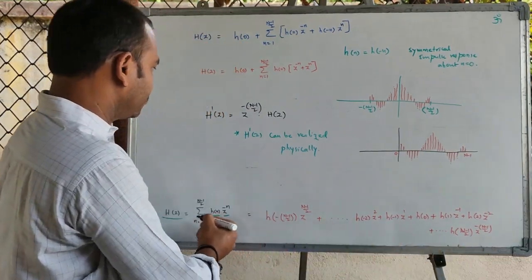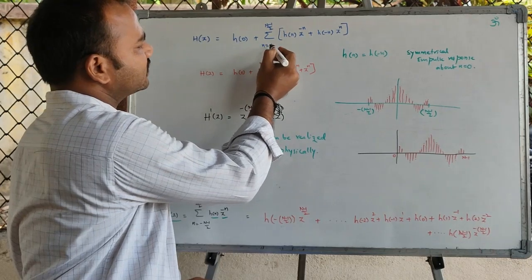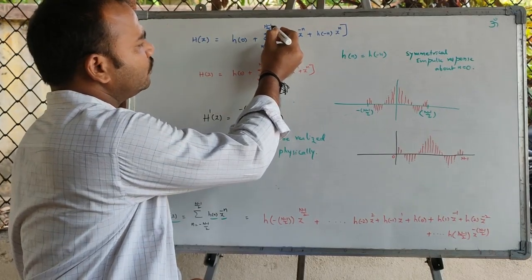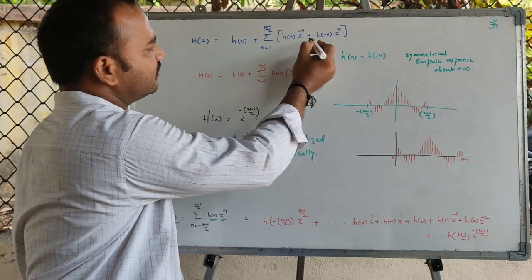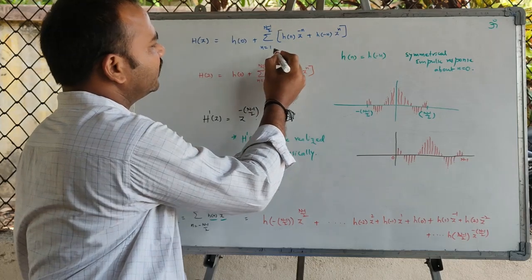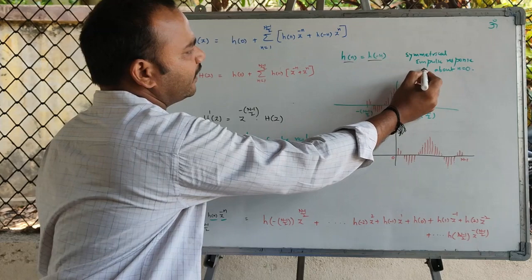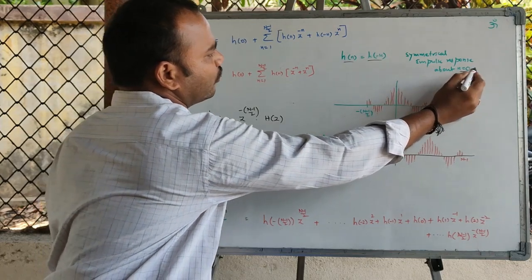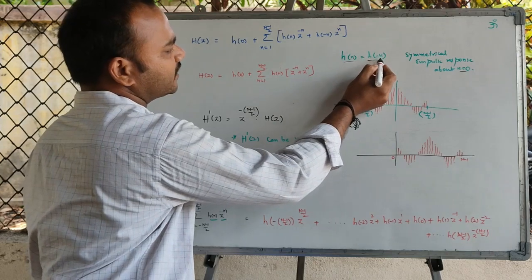H of z can be rewritten as h of 0 plus the summation from n equal to 1 to N minus 1 by 2 of h of n z power minus n plus h of minus n z power n. If we consider h of n to be a symmetrical impulse response about the origin, then h of n is equal to h of minus n.